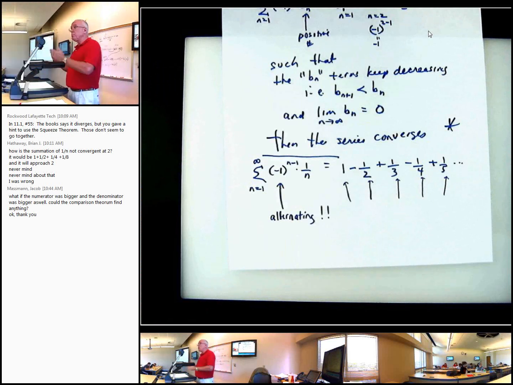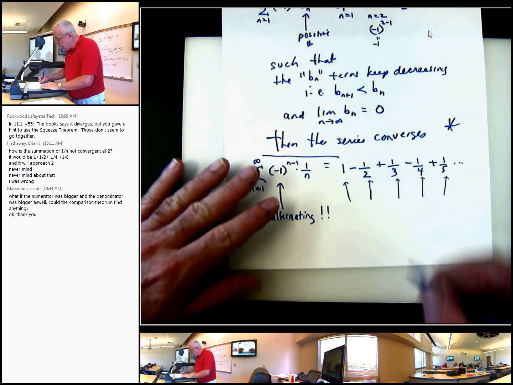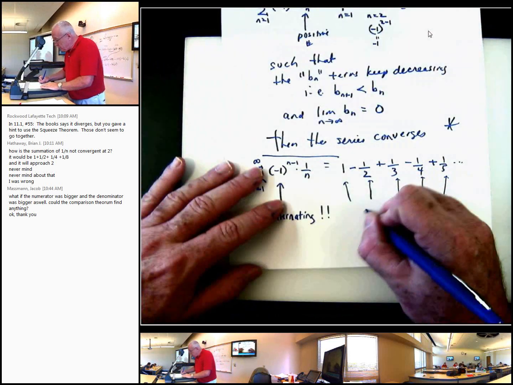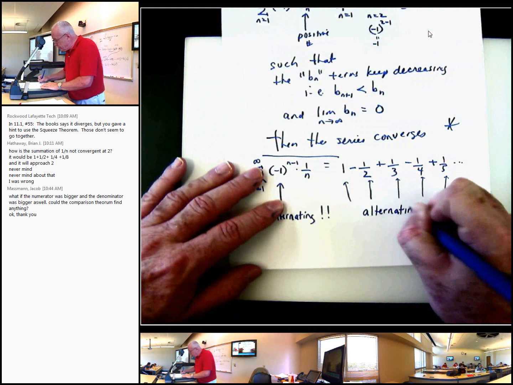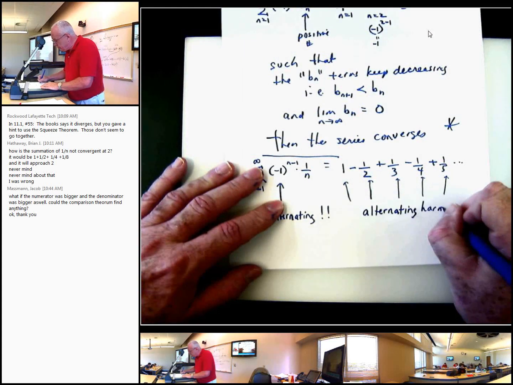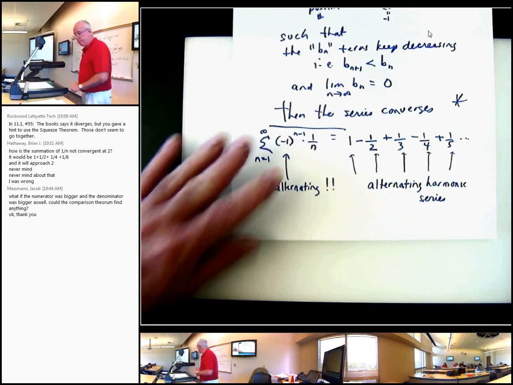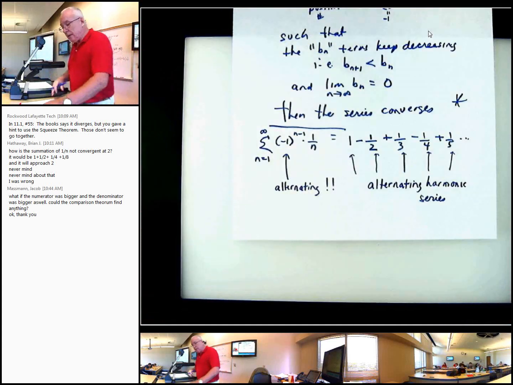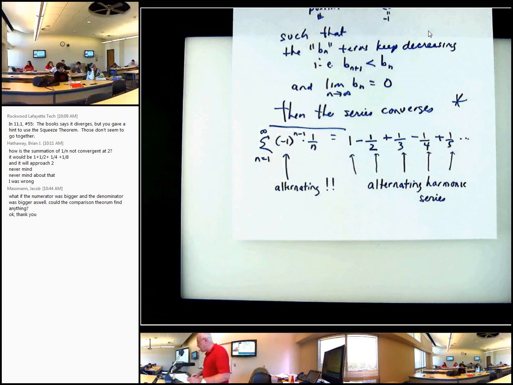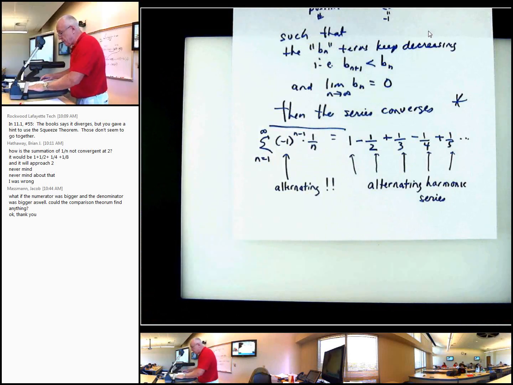Where we have 1 plus 1/2 plus 1/3 plus 1/4. So because it's alternating in sign, this is called an alternating harmonic series. All right. And let's see if we can use this test here to see whether it converges or not.